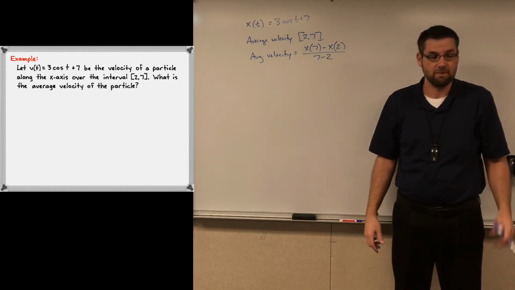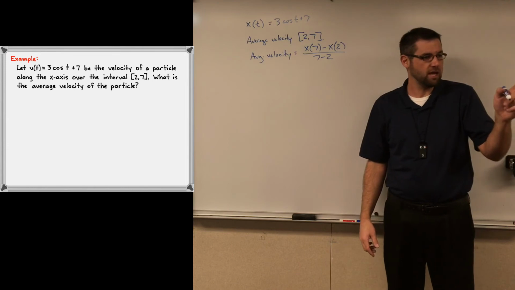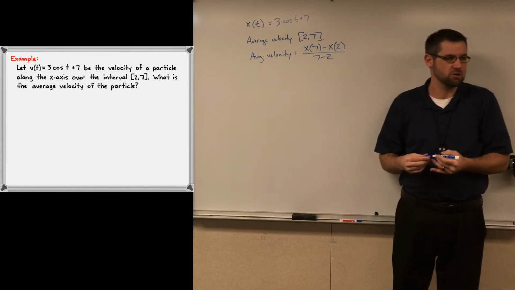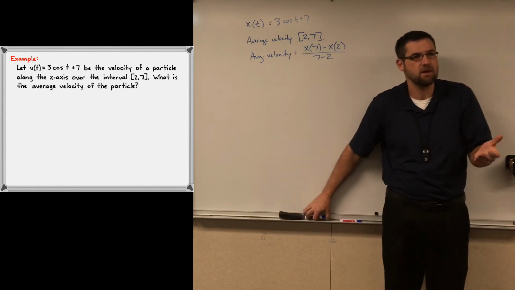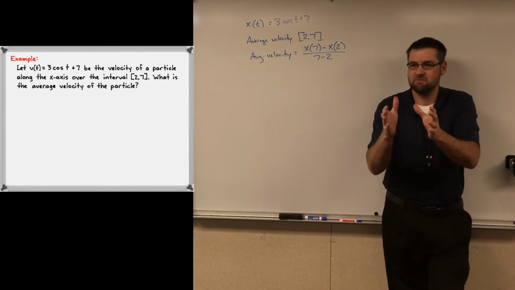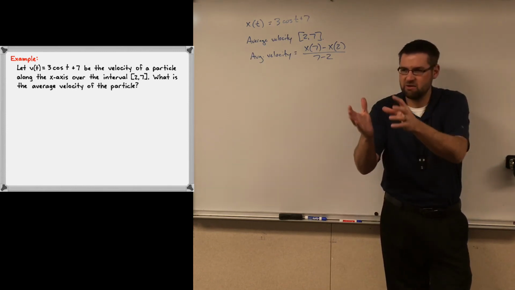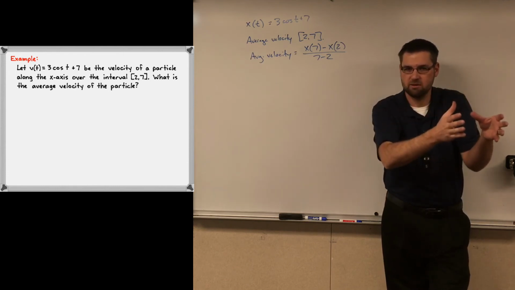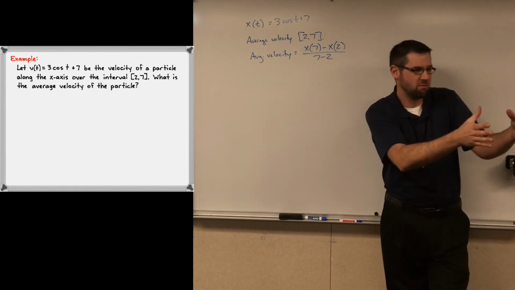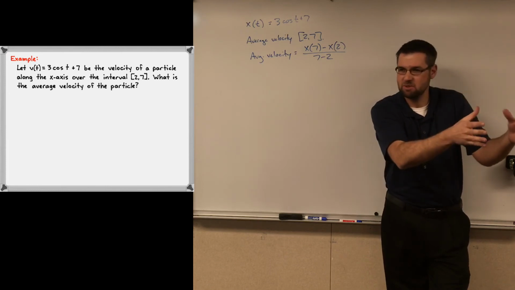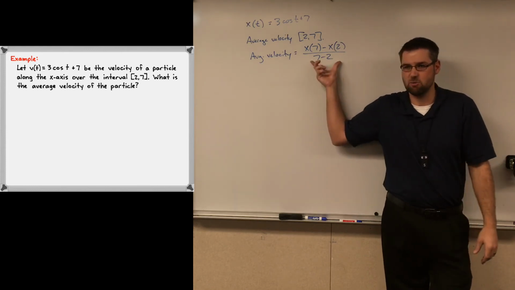I don't know. Okay, well, this is going to go in circles here, but it's worth a shot. If I give you velocity, and I want average velocity, I take the antiderivative of velocity, and I end up with what? So I take the antiderivative to get position, right? And then I take that position, and I find the slope of that.